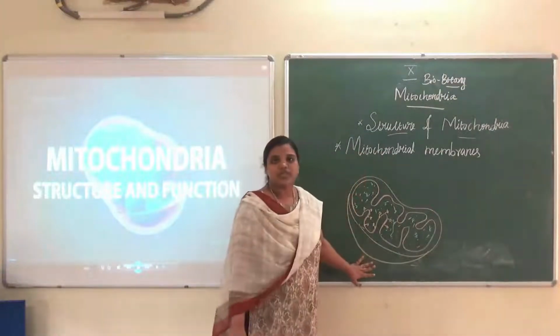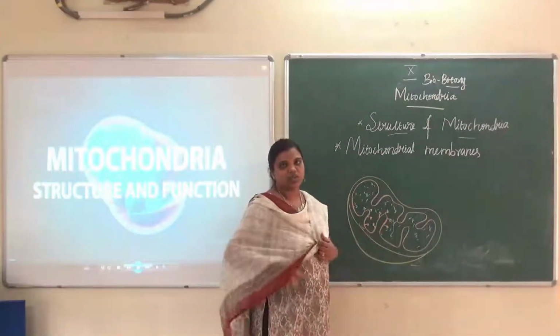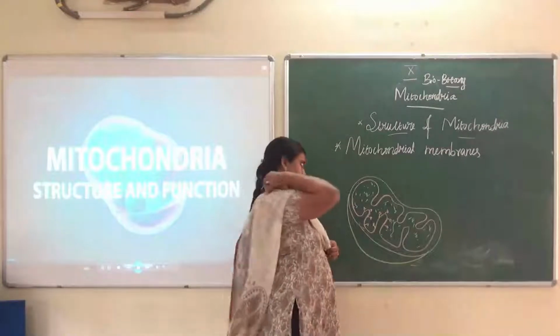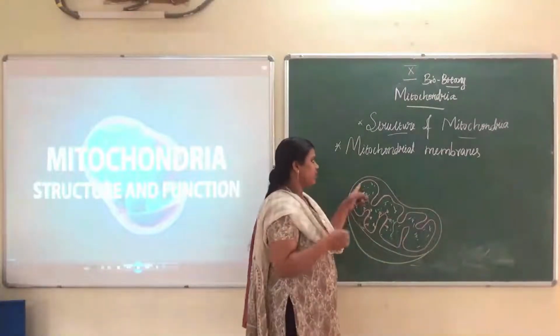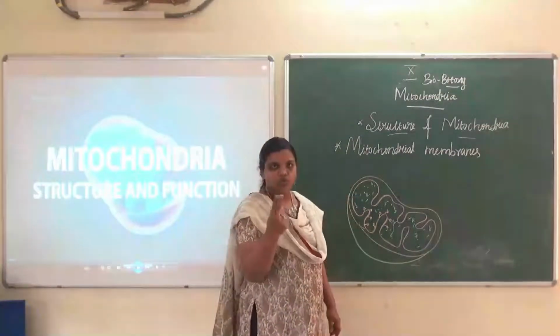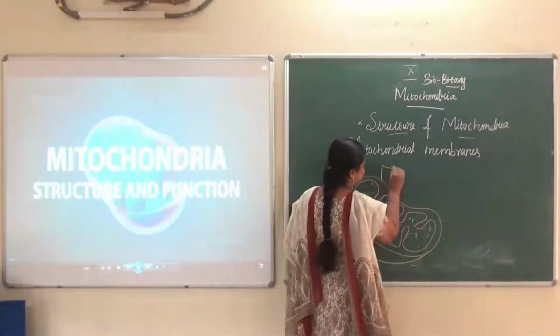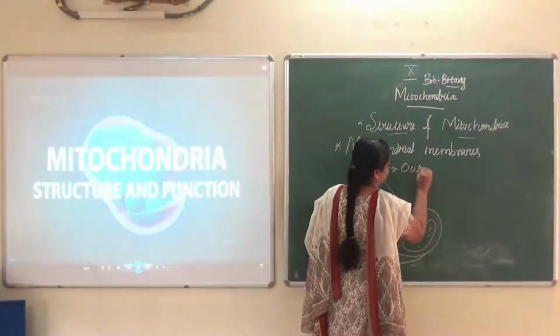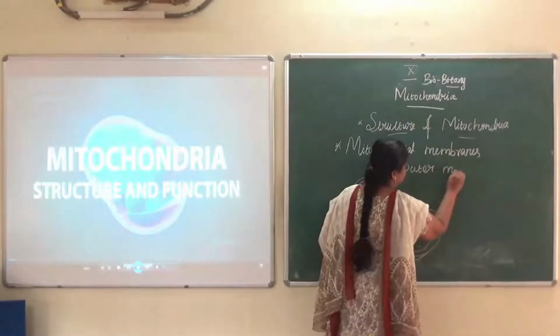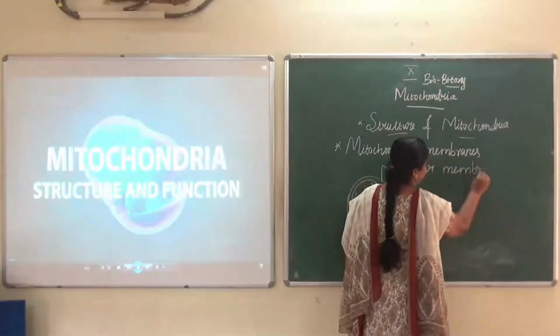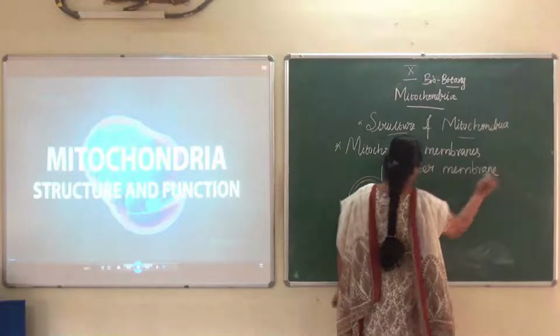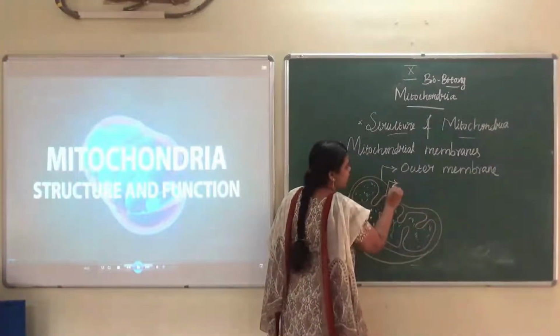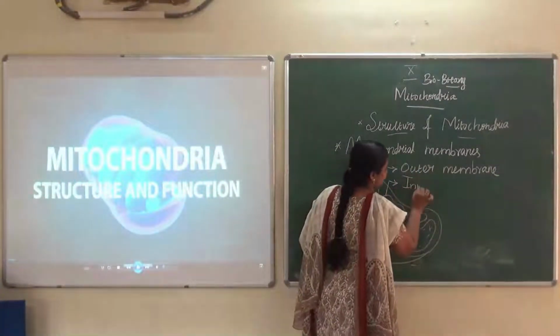You should draw the diagram and take down the notes also. The mitochondria has two membranes. One is the outer membrane, another one is the inner membrane.